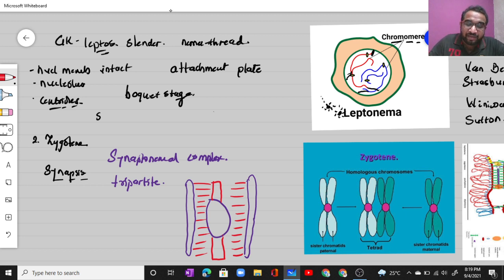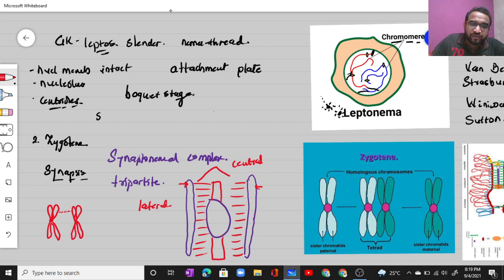Now how many elements can we see here? These elements are called the central elements. And these purple colored ones which I have drawn are called the lateral elements. The central element is the element that is present between the homologous chromosomes. Let me draw the homologous chromosomes here.